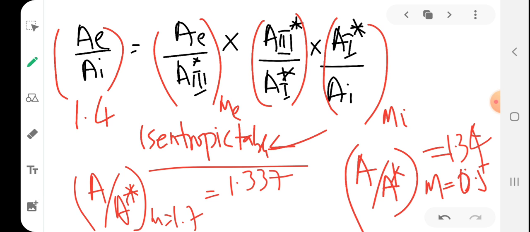And now you should understand that this particular value is A star by A. So it should be the reciprocal of 1.337, right?